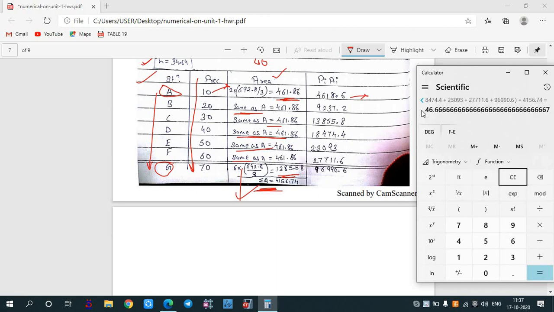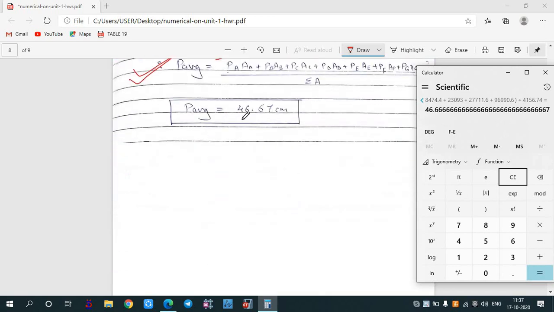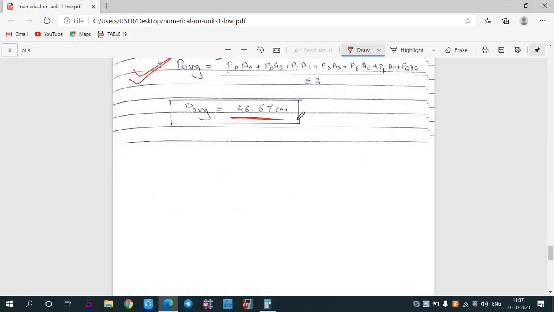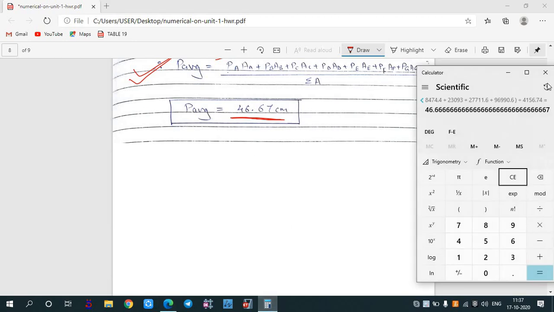So the value is coming out to be 46.66. Let me check. It is coming out to be 46.66. So our answer is correct.